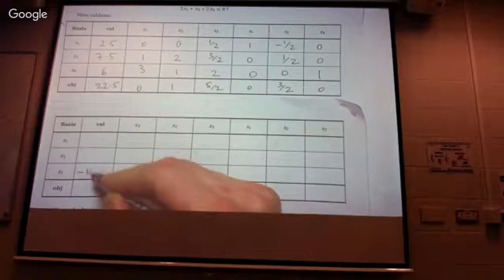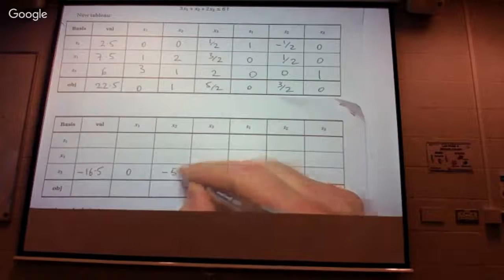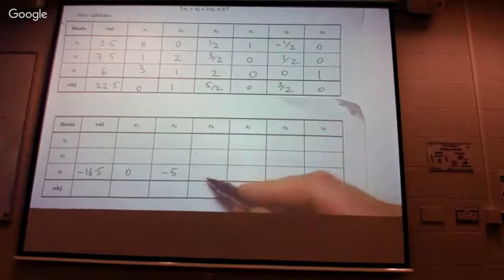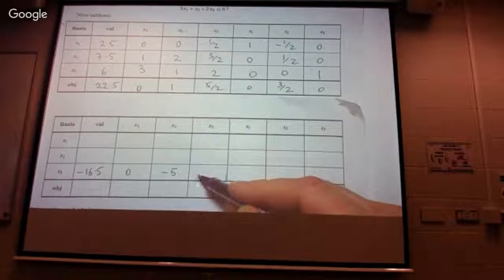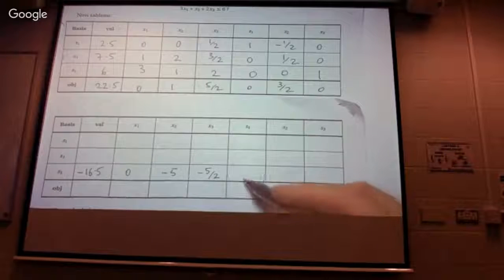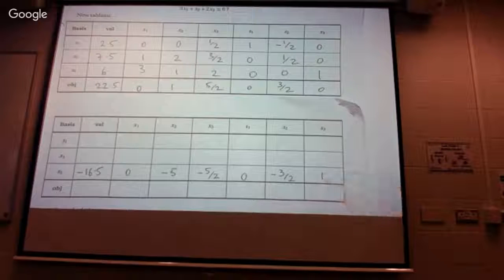Is minus 16.5? Minus 5. This is the one I can't do. 9 over 2, take away 2. It's 5 over 2. 0. Like this.